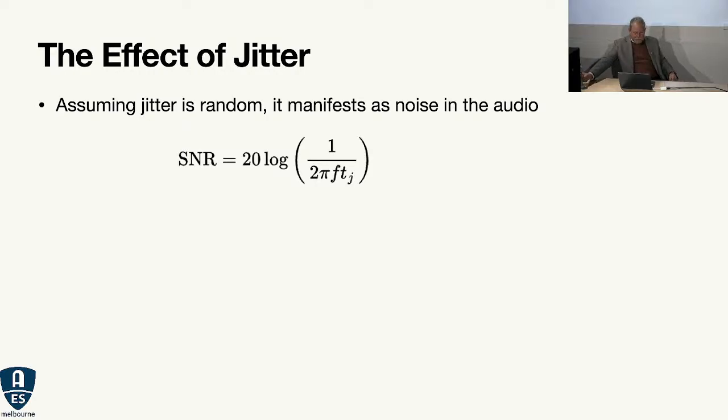So we assume that the jitter is random, it's noise, and that noise follows this curve. The signal to noise in the system is a factor of the jitter in terms of time, T sub j, and the frequency that you're interested in where the SNR is measured.